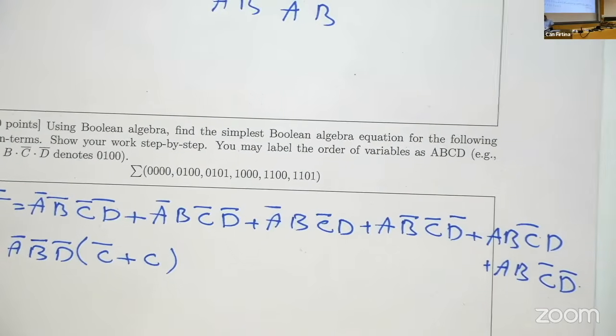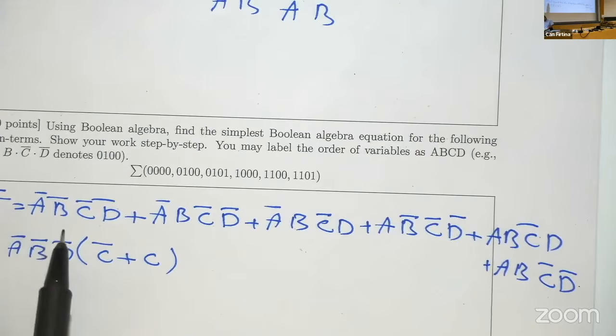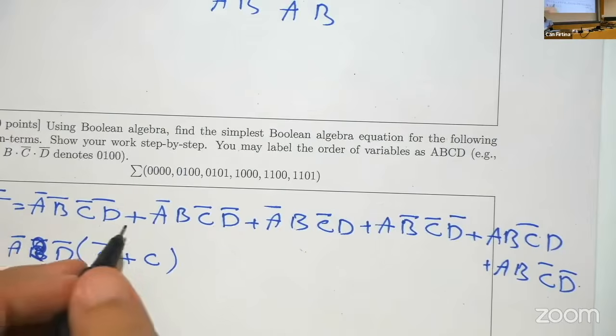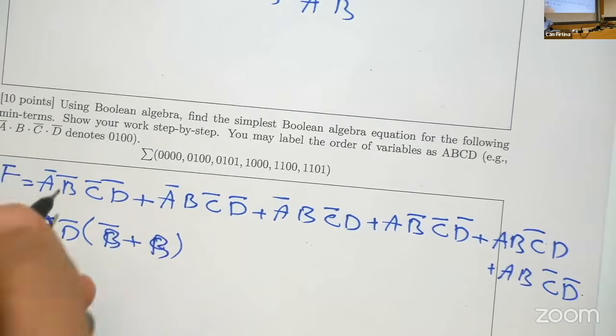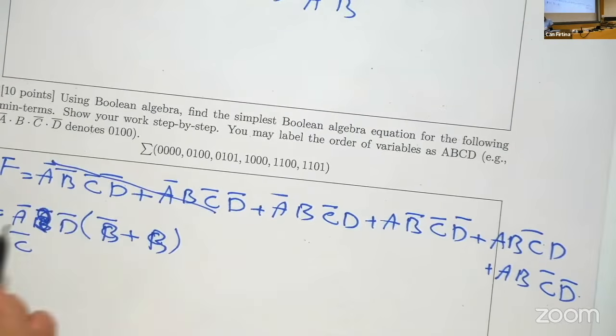Yeah, thank you. So here if we factor A bar, D bar, C bar, then we have B bar plus B. So we cancel these two terms.